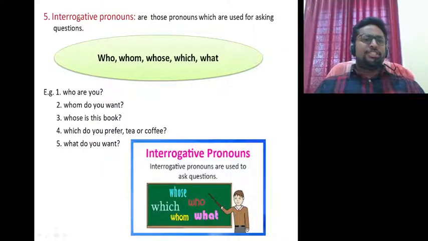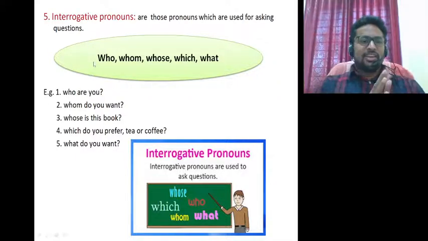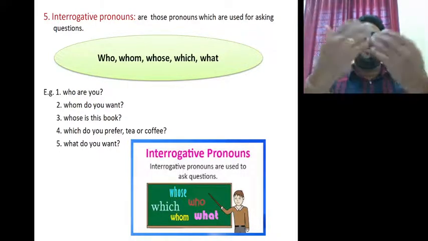Let's go for the interrogative pronoun. What is interrogation? Interrogation means questioning, inquiring. That is called an interrogative pronoun. Some of the pronouns we are using for asking questions, for inquiring information.